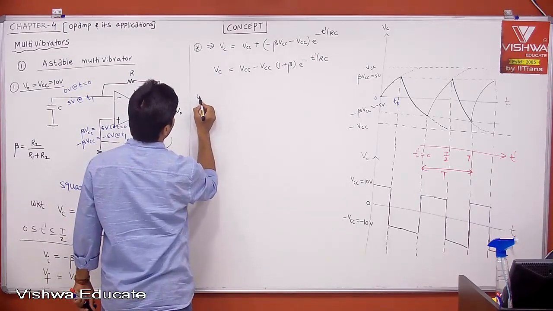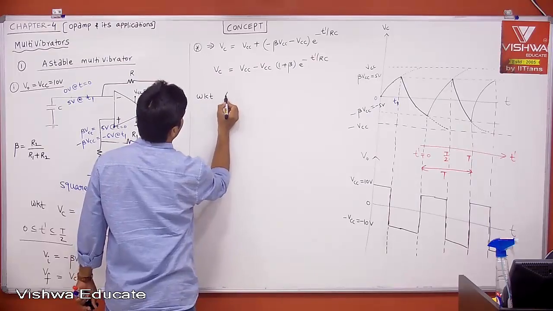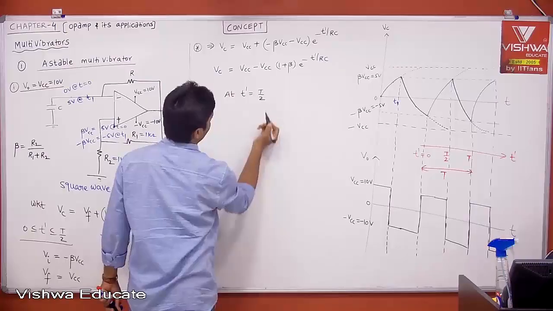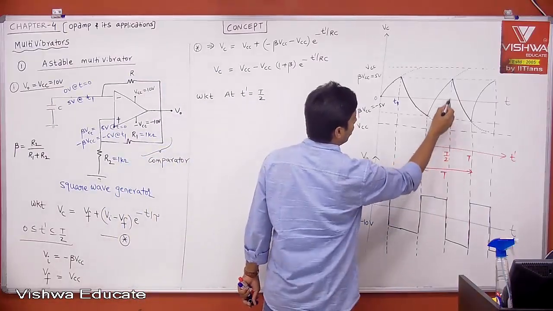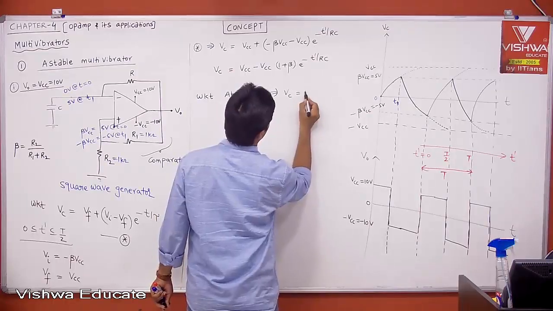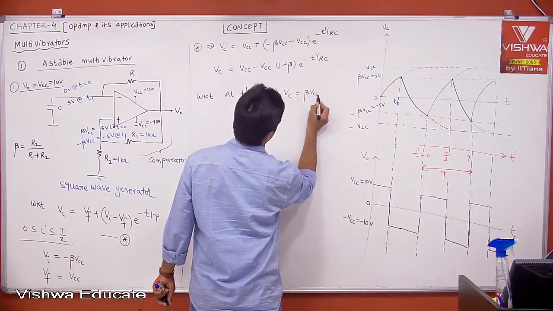Now we know that at a time t dash equal to T by 2, what is the voltage across the capacitor? The voltage across the capacitor is equal to beta into Vcc.